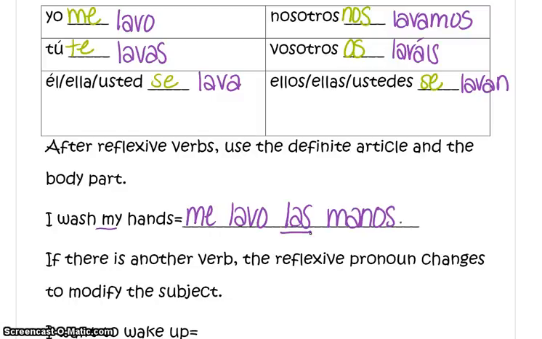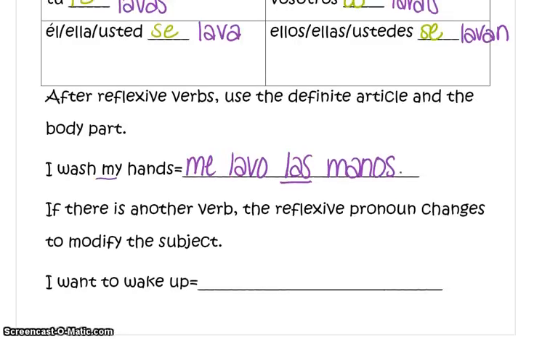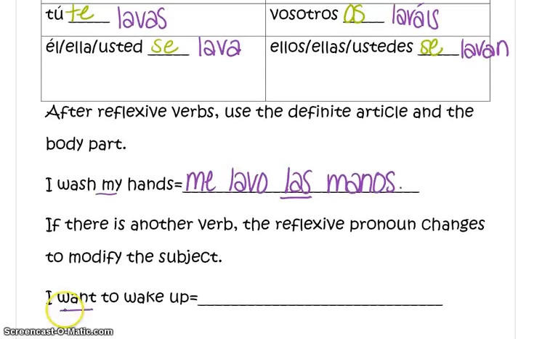If there are two verbs in a sentence, the reflexive pronoun will change to modify the subject. For example, I want to wake up. There are two verbs, want and wake up. We conjugate the first verb, I want, quiero, and then to wake up is despertarse.